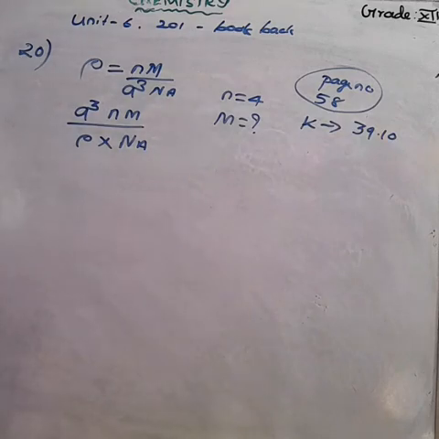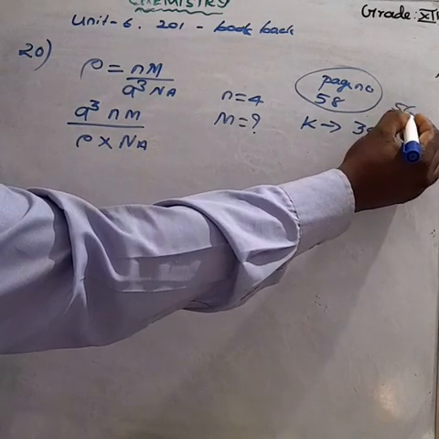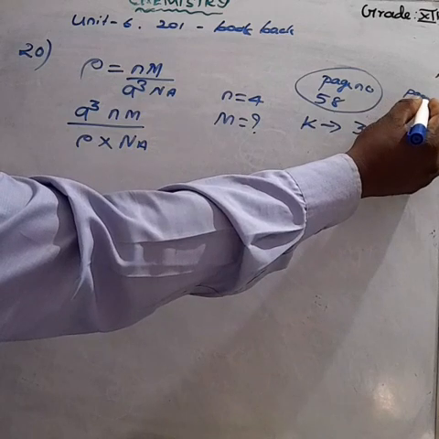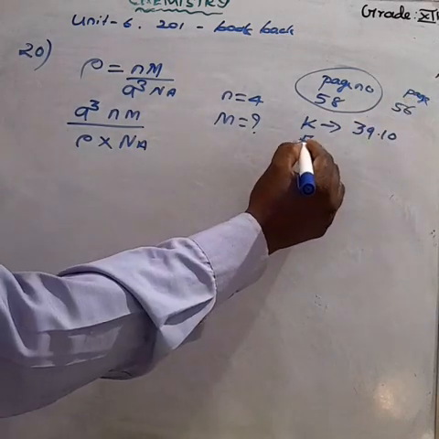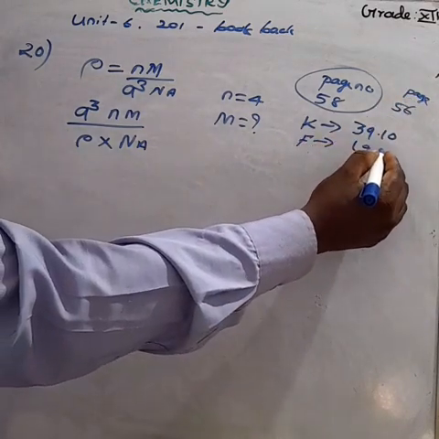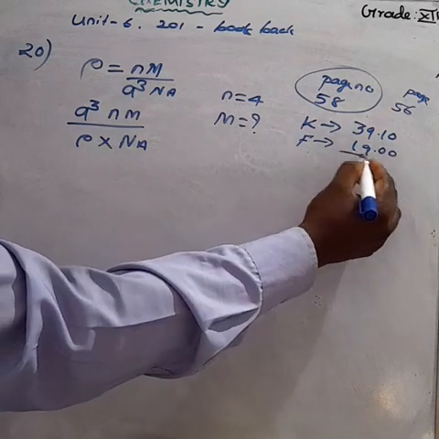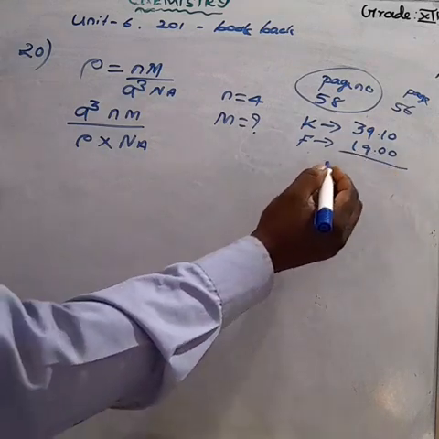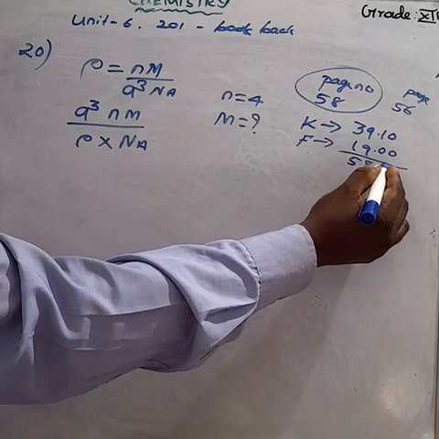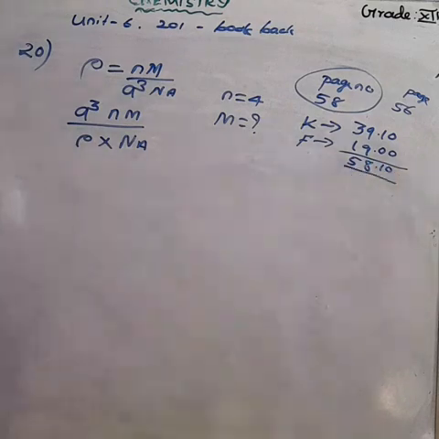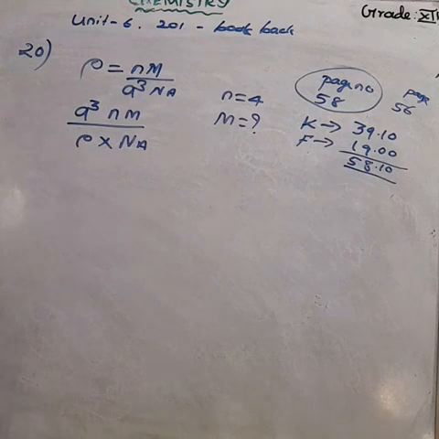Next, fluorine, page number 56. Here also it is given, 19.00. Just adding, we get 58.10. So we have to substitute here.